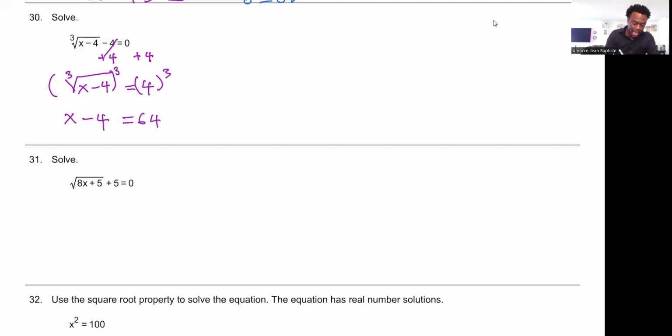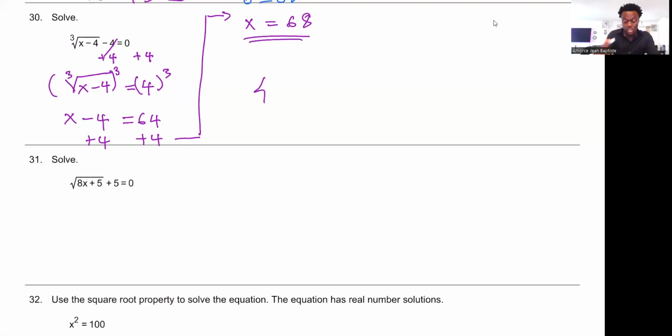And then I can add 4 on both sides of my equation, and that is x equals 68. x equals 68 is the solution of this equation. And there will be no need for me to check for extraneous solutions because the index is odd.